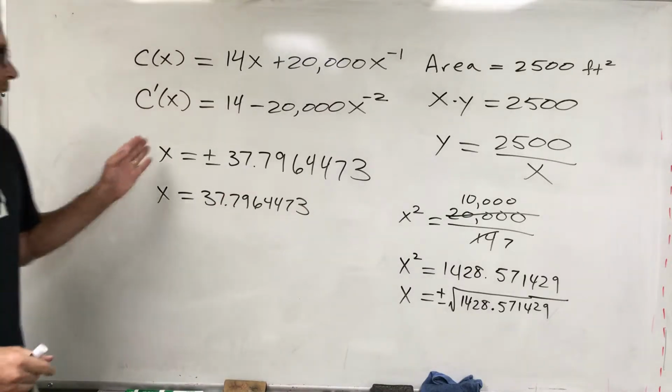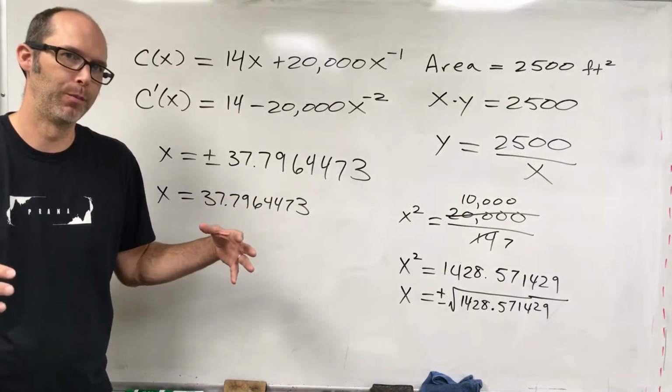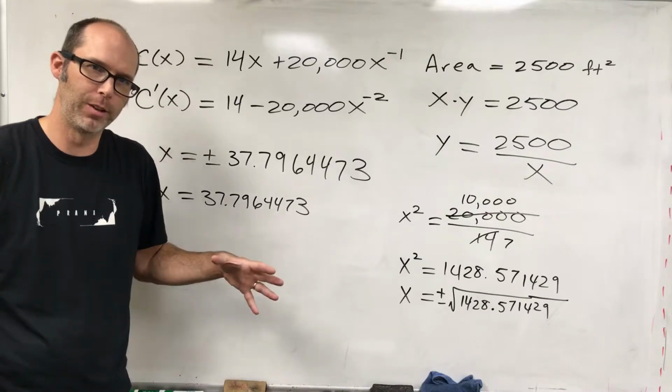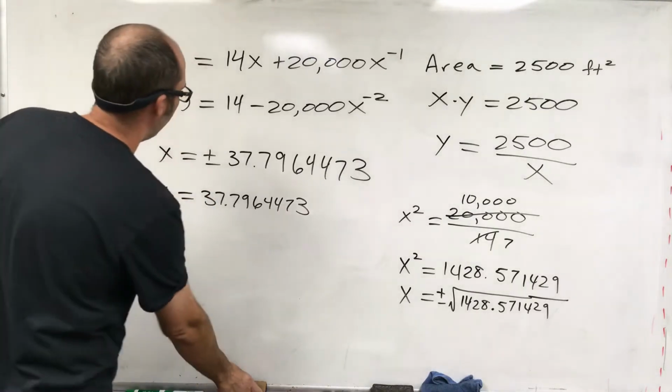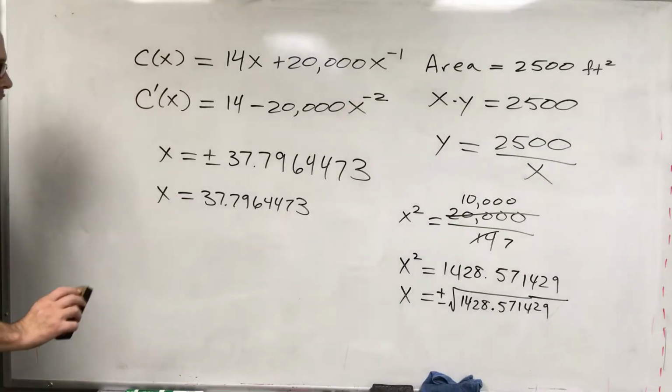Remember, x is the length of a rectangle, so it's a dimension of a rectangle. It doesn't make sense for it to be negative, so we'll just take the positive one. So now we found x to be that number.